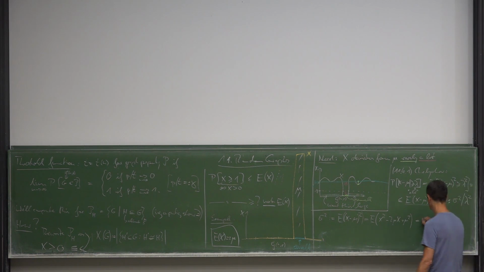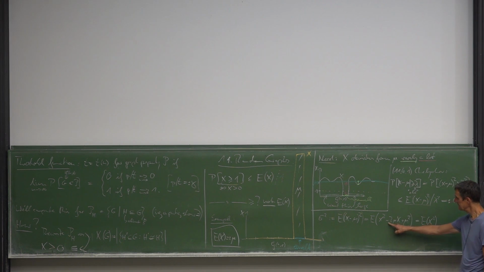So that's expectation of x squared minus 2 mu expectation of x plus mu squared. But this here is mu.